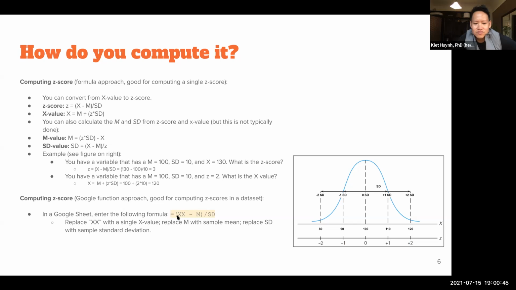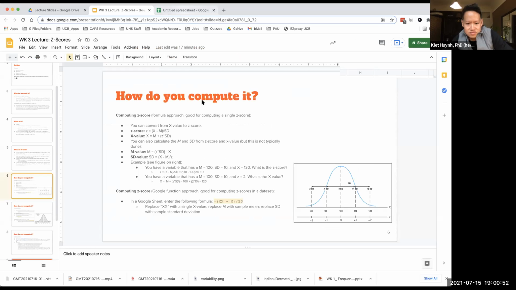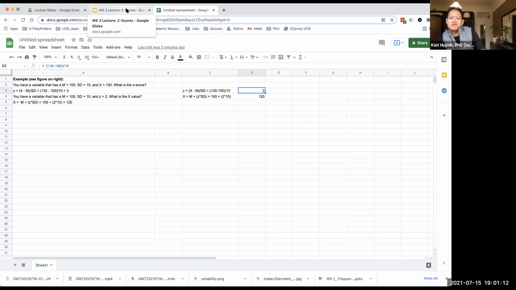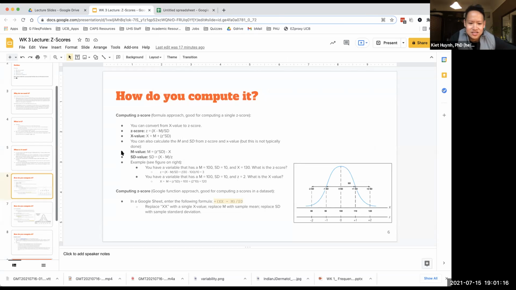We take the X value minus the mean over the standard deviation, and we get the answer. This is helpful when you have a whole data set and you want to compute more than just one Z value. We'll see an example of when we might use this in just a moment.